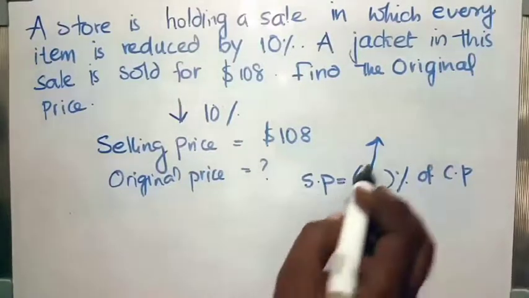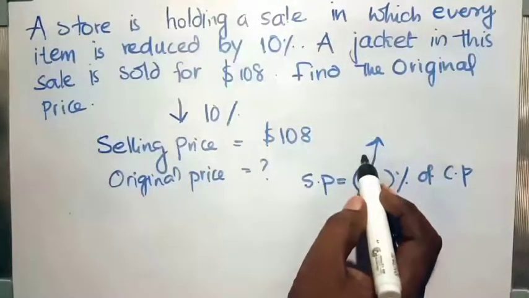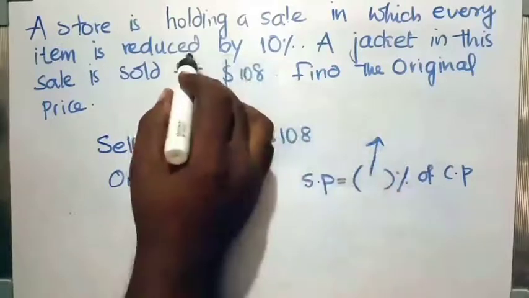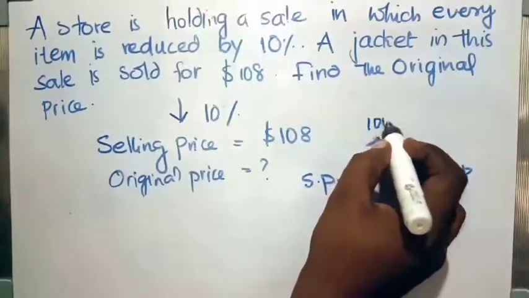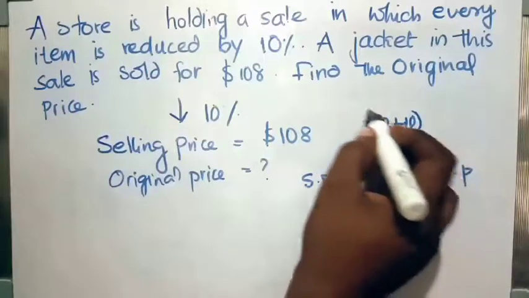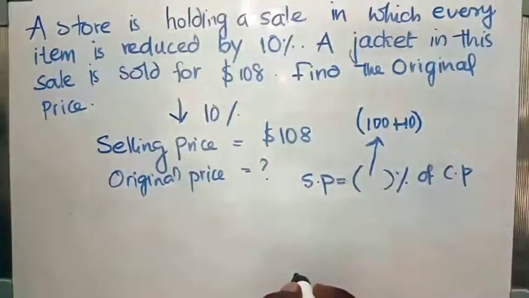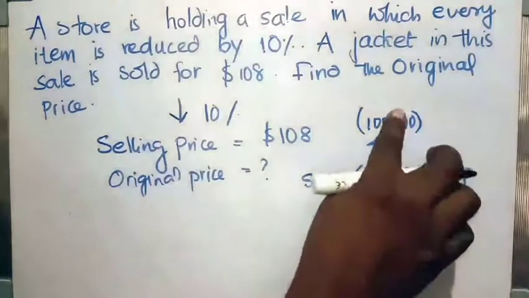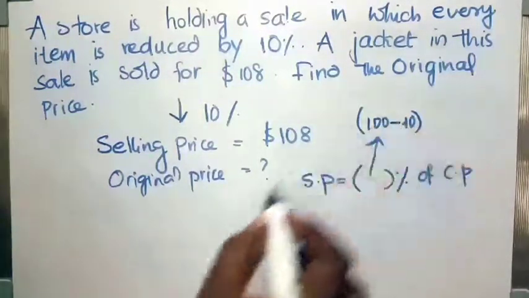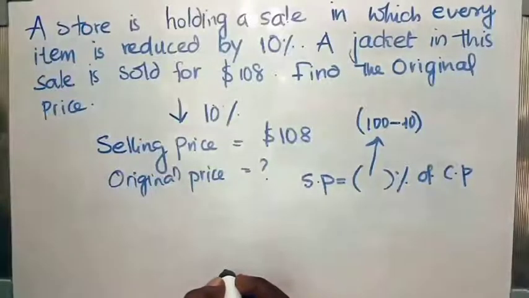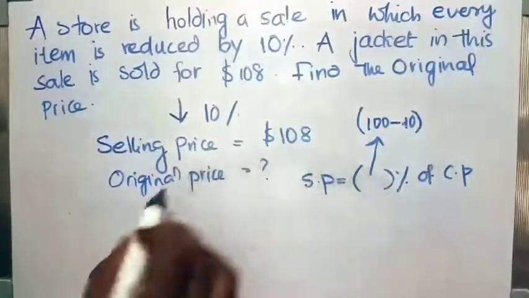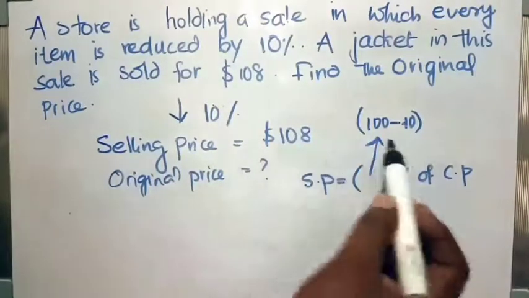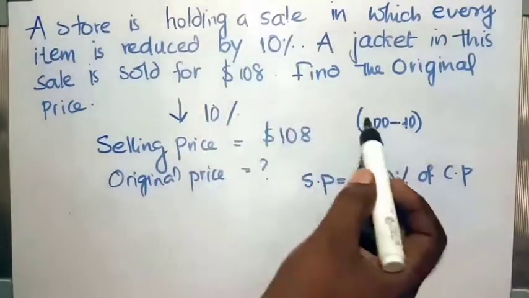If it is a profit, that means if it is increased by 10%, then this will be 100 plus 10%. If it is a loss or reduced by 10%, then it will become 100 minus 10%. Got it? So as it is a reduction, it becomes 100 minus 10%.